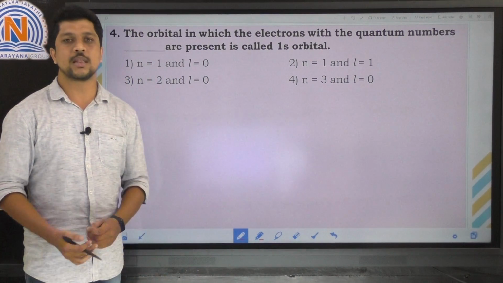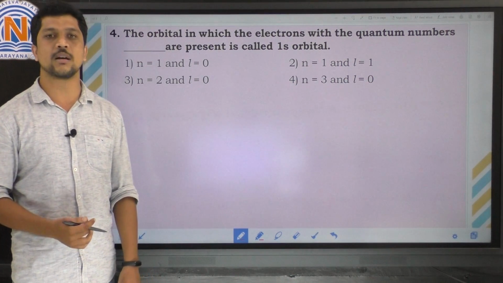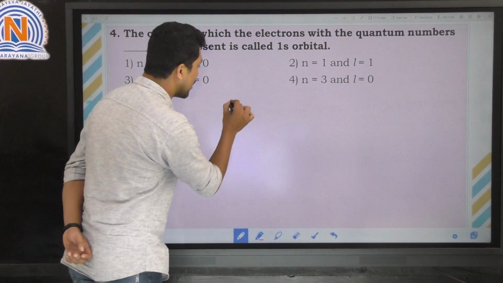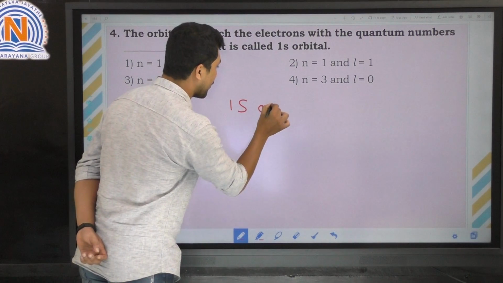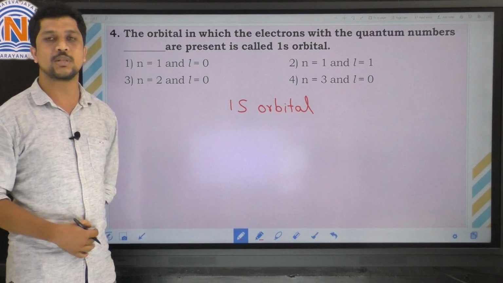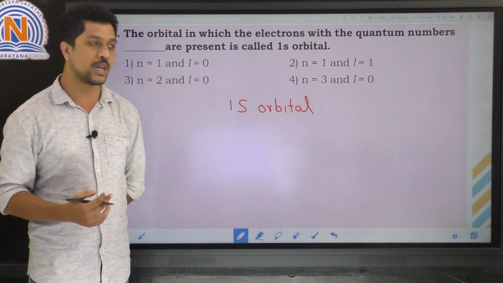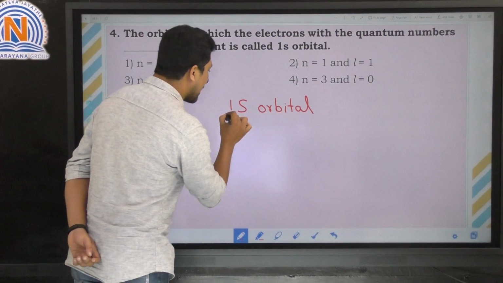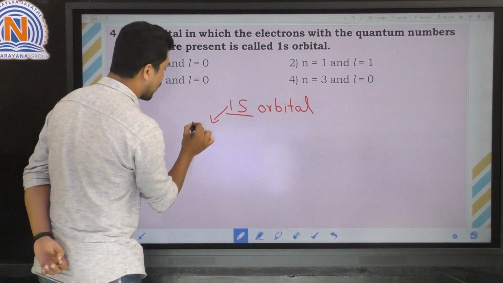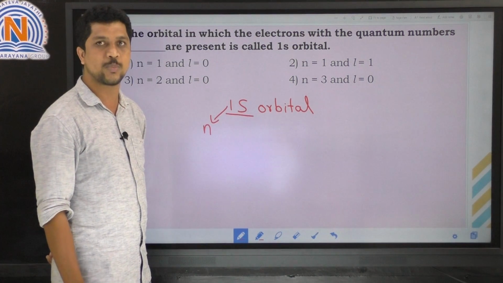Here the next question is: the orbital in which the electron with quantum numbers dash are present is called 1s orbital. So here the orbital is 1s, right? We know that there are four quantum numbers present. Each and every quantum number has its own importance. In the orbital 1s, the 1 represents the principal quantum number, that is small n.